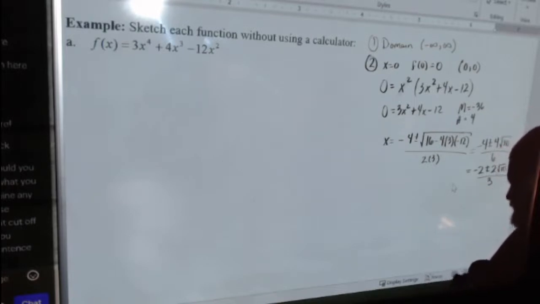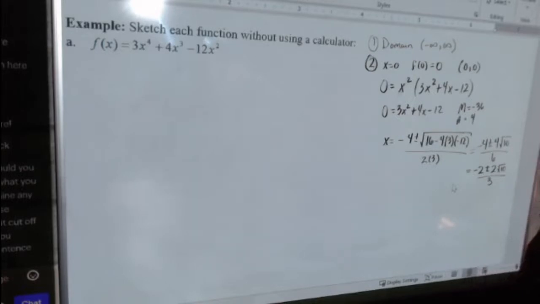And let's just get a decimal approximation of those. So the plus term looks like about 1.44 to 2 decimal places.